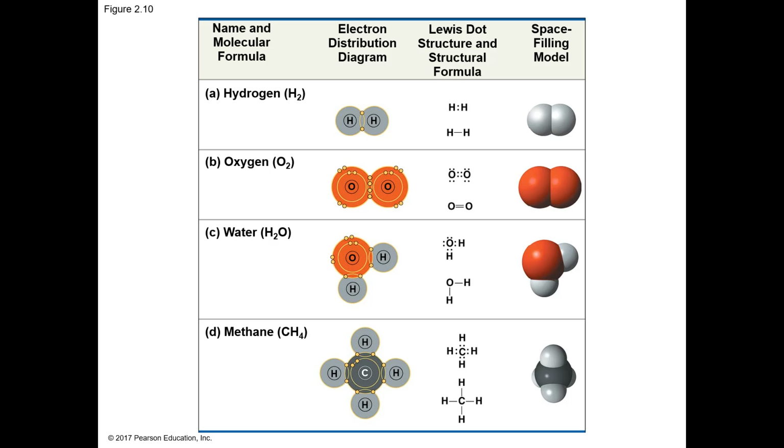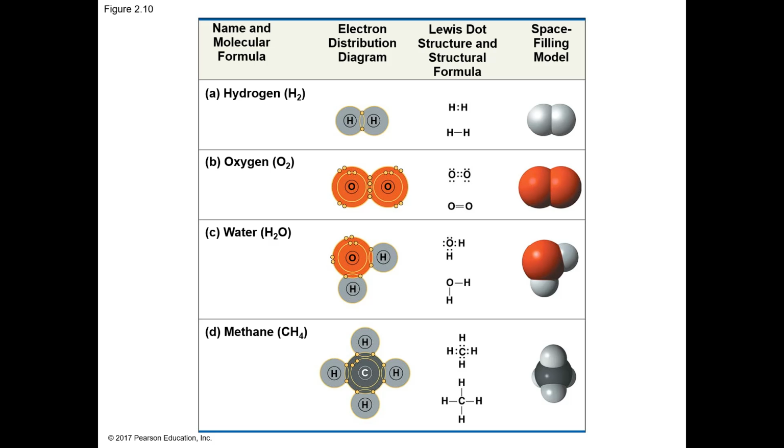Okay, so here we're going to take a look at figure 2.10: name and molecular formula, electron distribution diagram, the Lewis dot structure, and the space filling model. You probably have had chemistry at some point in the past, so you're probably somewhat familiar with this a little bit, so we'll go through it rapidly. In the very first row, you have A, which is hydrogen, H2.